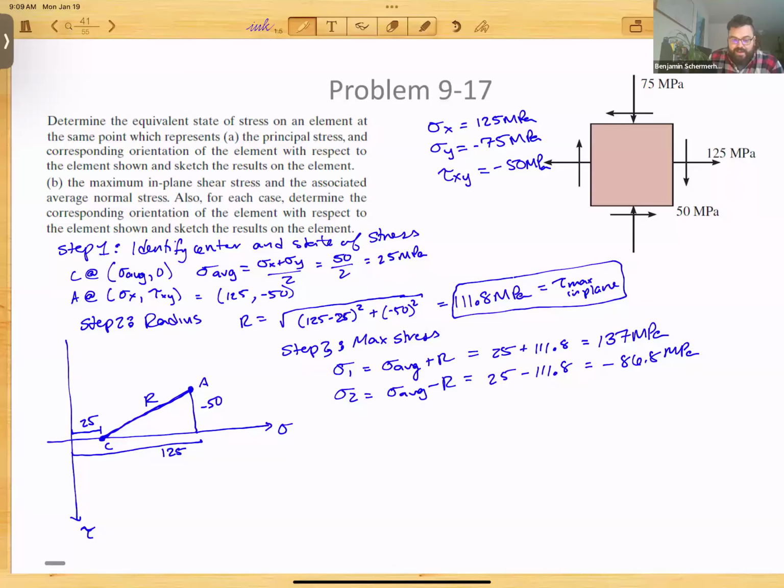If I want to get to that element, I can see my triangle right here to get to that horizontal side. So I want this theta p right here to my principal stress. So the tangent of 2 theta p is going to be negative 50 over 100, which is going to end up giving me theta p as 13.2 degrees.